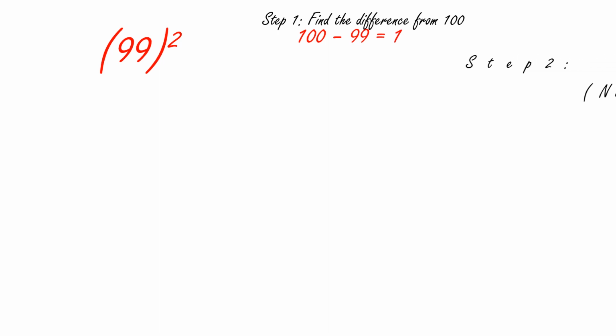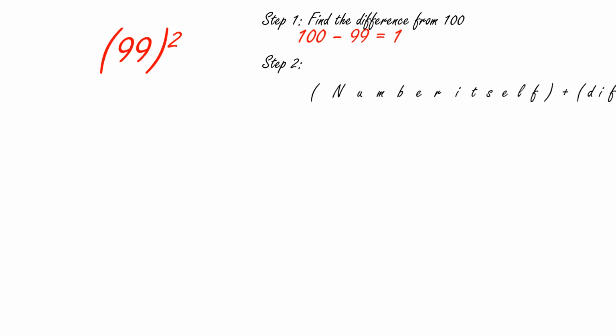Now 99 is 1 away from 100, that is, step 1 is to find the difference from 100. So 100 minus 99 is equal to 1. Now step 2 is plus or minus the difference. In smart trick 1, we did 50 plus or minus the difference.